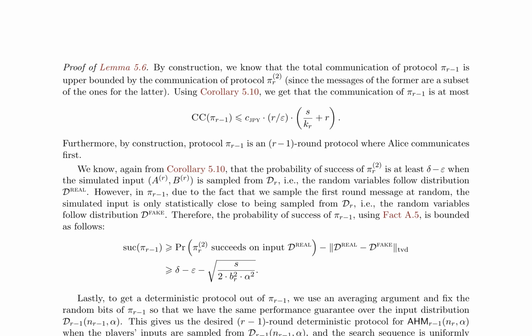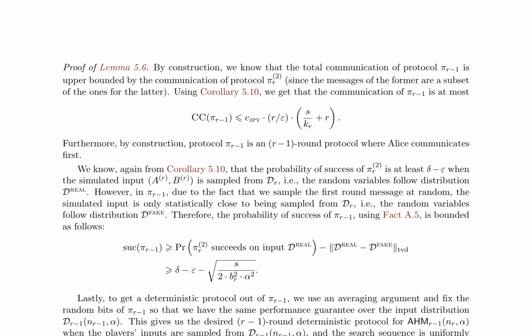Leveraging fact 8.5 and the statistical closeness of the simulated input to D_real, by fixing the random bits and employing an averaging argument, Π_{r-1} is used to derive a deterministic protocol for AHM_{r-1}, N_R, alpha, yielding an (r-1)-round deterministic protocol with the same performance guarantee over the input distribution D_{r-1}, N_{r-1}, alpha.